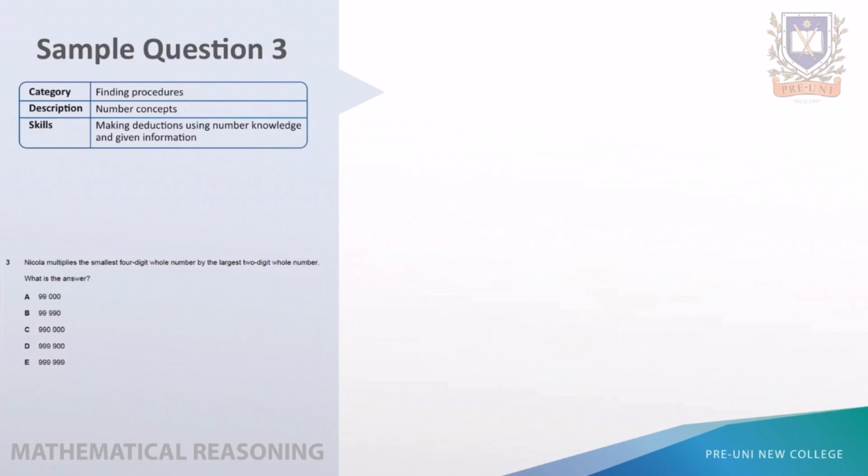So looking at this question step by step, students can first identify the smallest 4-digit number as 1000, and then secondly, the largest 2-digit whole number as 99. We are also told that Nicola multiplies both of these numbers.